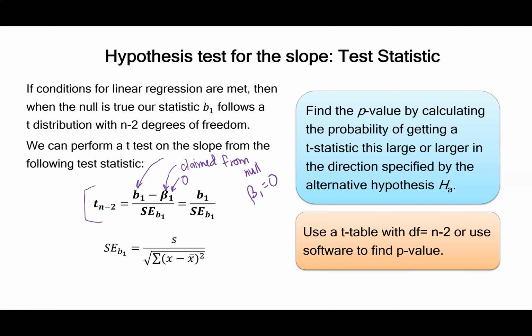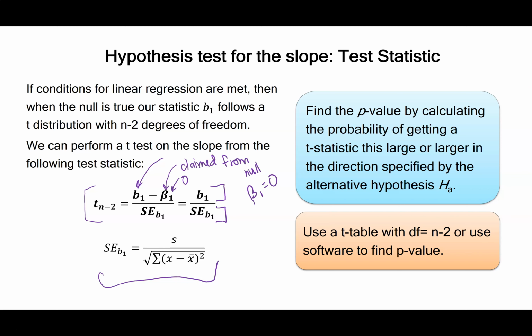So that's a little trickier. It's this equation here. Once again, this is not something we will force you to calculate by hand. If you have software or software output or a calculator, this is something that you would get from that. So it's just going to be b1, your estimate for the slope, over your standard error for the slope. And we will review where that is in an output table as well.